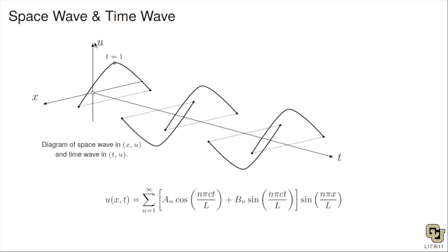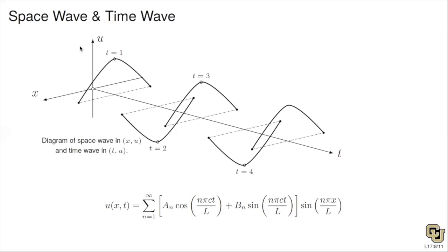Here I artificially put in the time. With t equal to 1, you see it's up, then down, then up, then down, then up. If we track that motion, that gives us this time wave, a wave in the t and u variable.